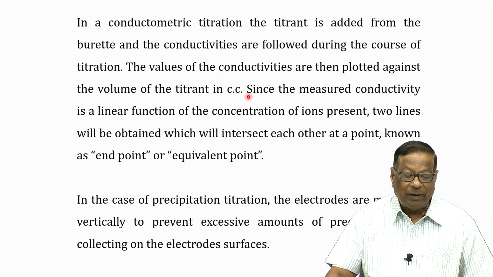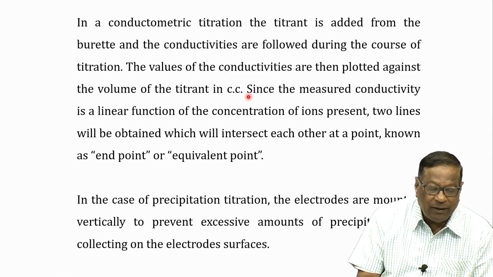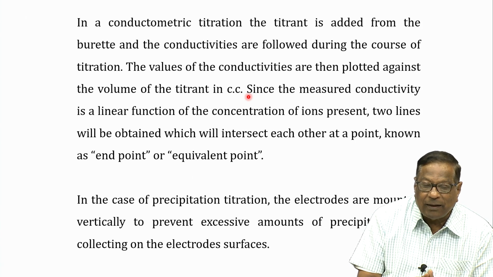So, in a conductometric titration, the titrant is added from the burette and the conductivities are followed during the course of titration. The values of the conductivities are then plotted against the volume of the titrant.